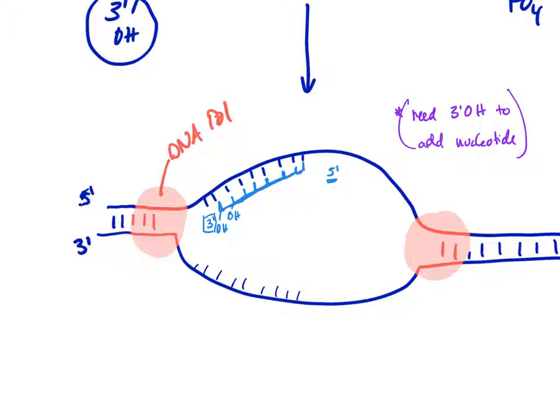Where was the free 3' OH where it started? Well, that started with an RNA primer. So that primer starts the process.